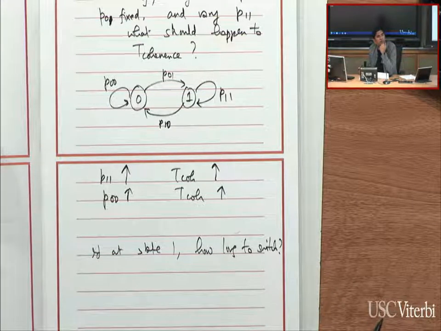Anybody remember? If I have a coin toss and it comes up heads with probability P, how long do I wait before I see the first heads on average? One minus P into 1 minus 2? No, that's the variance, I think. The expected value. Or n minus 1 into 2? That's the distribution, that's the PMF. We want the expected value.